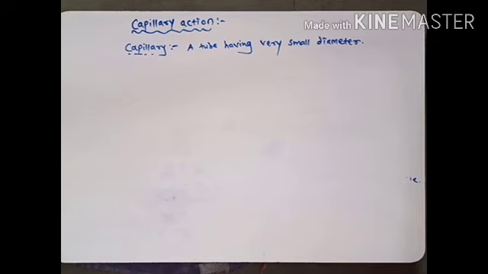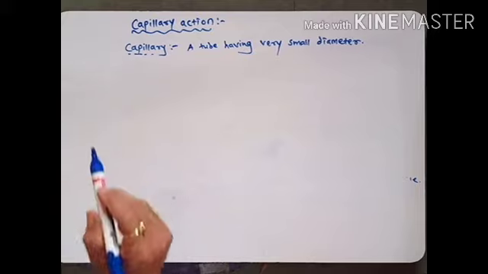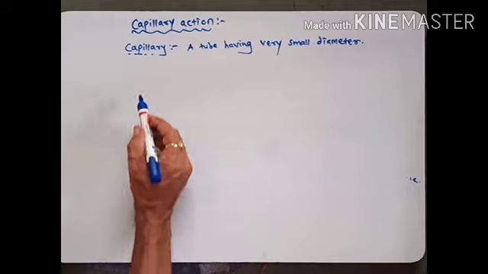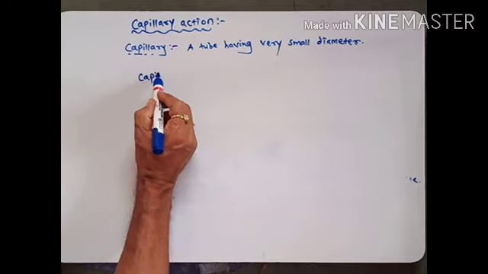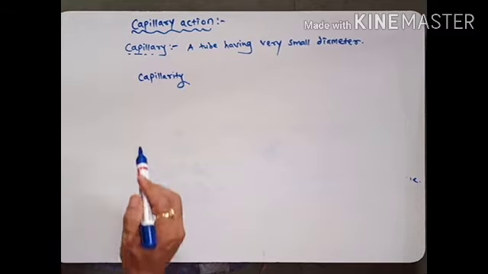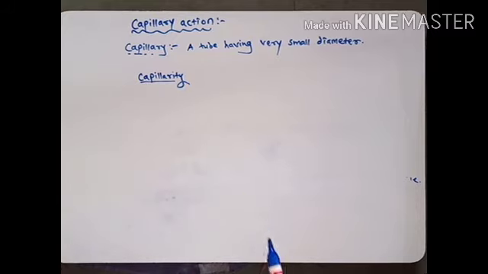Then depending on these, here we consider in this capillary the liquid level rises or falls, and this rise or fall of a liquid inside the capillary is called as capillarity. Capillarity. This is the property. That means rise or fall of the liquid inside the capillary. We call it as a capillarity.